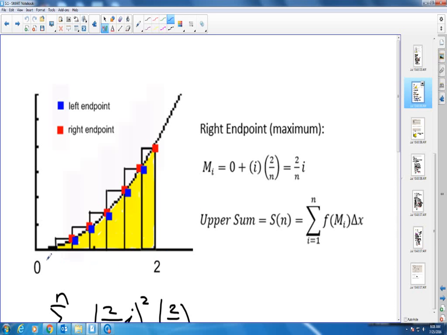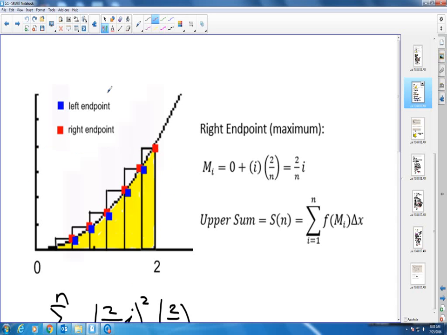For the interval from 0 to 2, I can create some sort of rectangle, and I'm going to pick a number c somewhere on it.